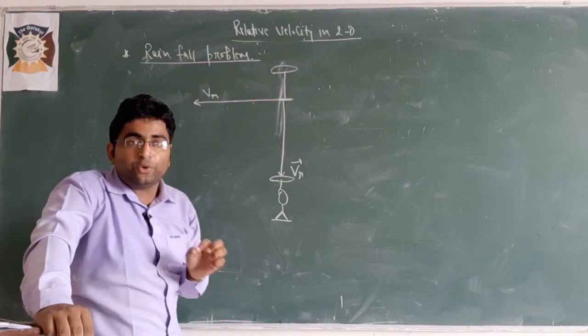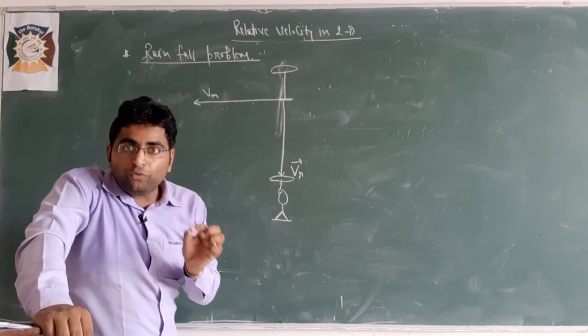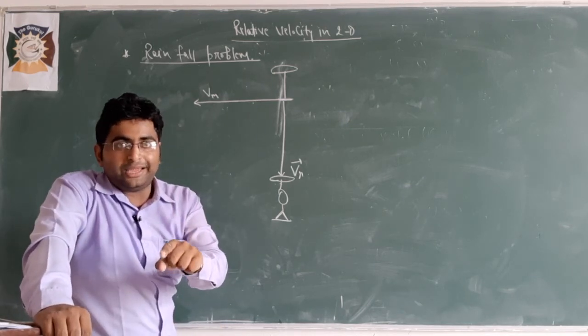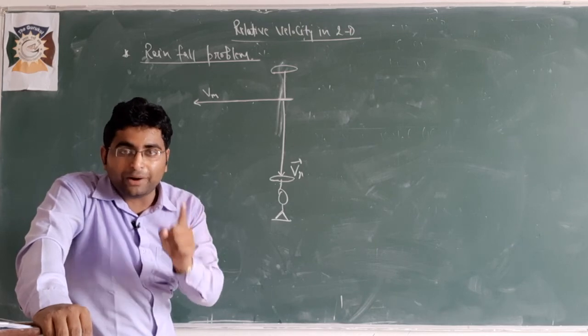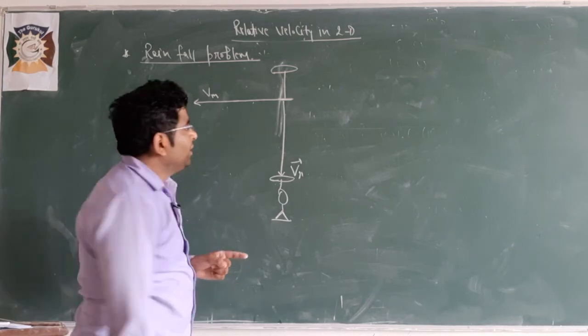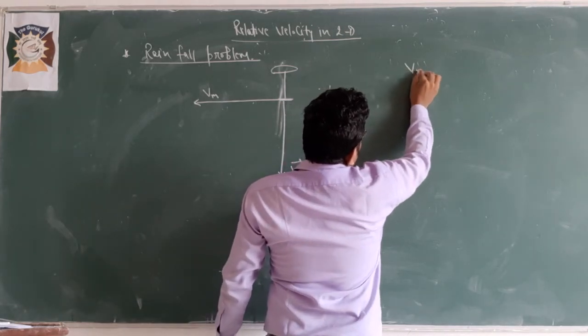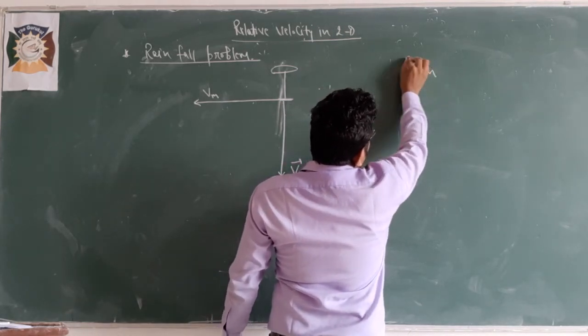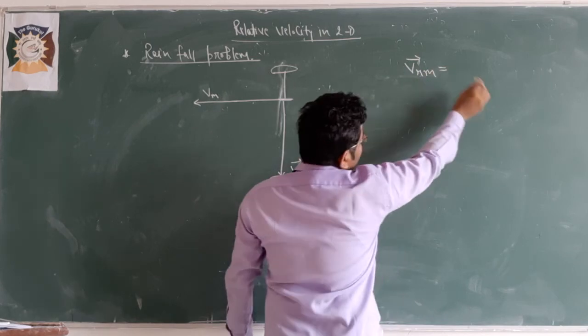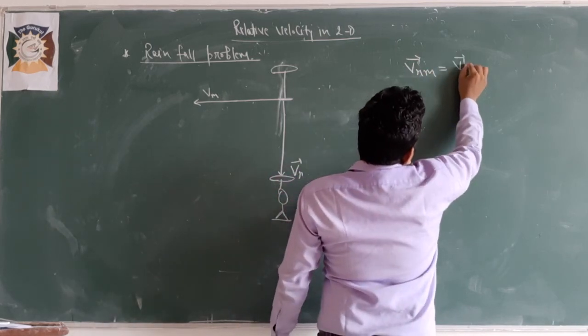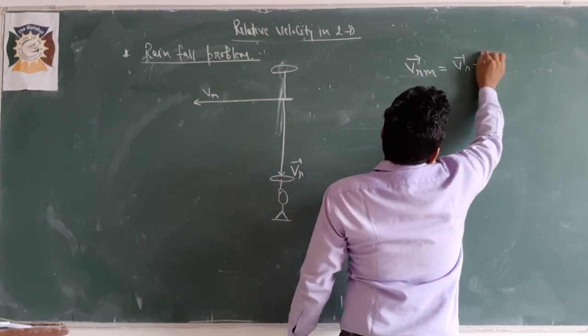For it, beta, what do you have to calculate? First of all you will calculate the velocity of rain with respect to you, and in that direction you have to mount your umbrella. So beta, the velocity of rain with respect to man will be equal to VR minus VM.